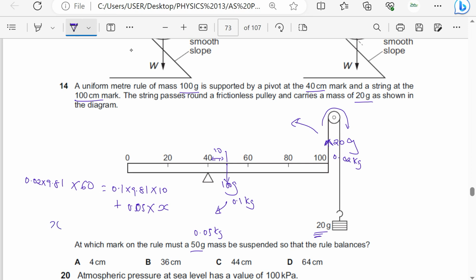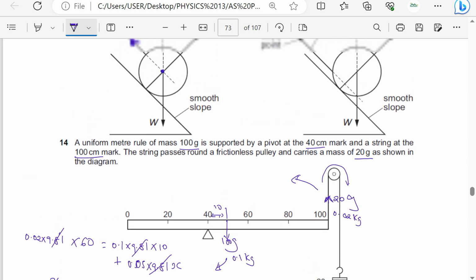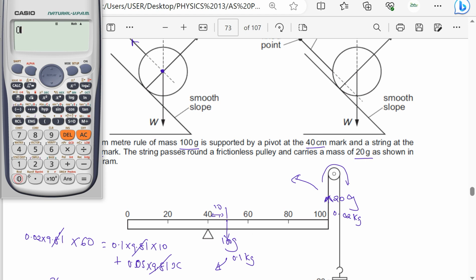So just solve for x. 9.81 cancels, since there's a 9.81 here and 0.05 times 9.81 to change it to a force, then times x. So x is going to be equal to 0.02 times 60 minus 0.1 times 10, then divide by 0.05.